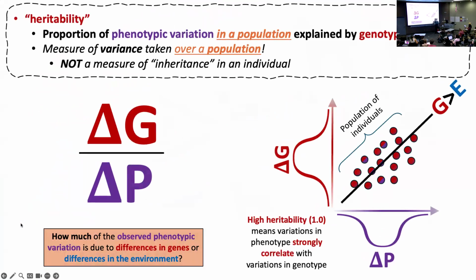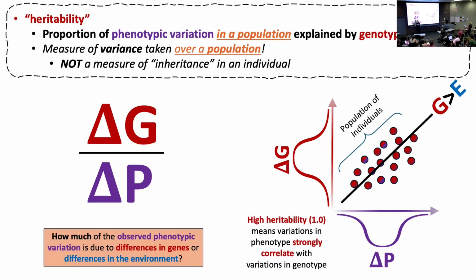And so earlier we introduced this term heritability, which was, as a reminder, a proportion of the phenotypic variance explained by the genotypic variance. So we know that genotypes vary in a population, and we know that phenotypes vary in a population. How do those two variations relate? And it is a property of a trait in a population.